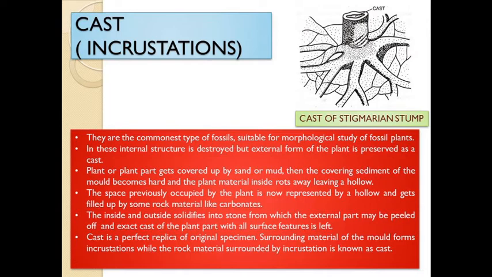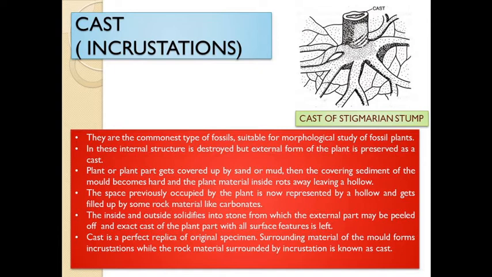These fossils do not contain original organic material and do not show cellular details of the plant. So a cast is a perfect replica of the original specimen. The surrounding material of the mold forms incrustations, while the rock material filling the mold is known as cast.